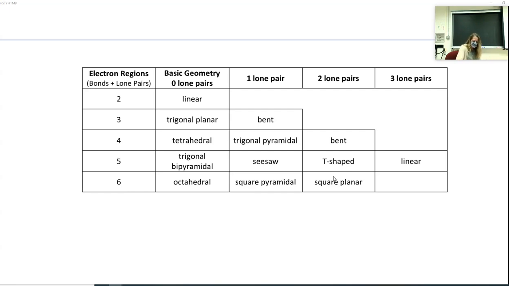Right now, for chemistry, what I need you guys to know is how to use the chart, but also the most common shapes I've highlighted. Those are ones that we expect you guys to be able to identify quickly. And hopefully this chart will help you guys when you're learning to do this. All right, feel free to reach out with any questions you have to your teacher, and I hope this helps.